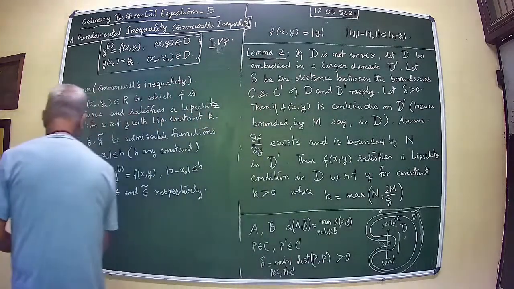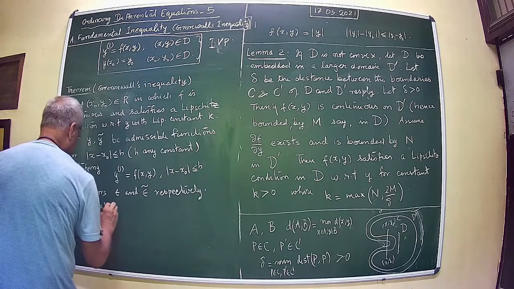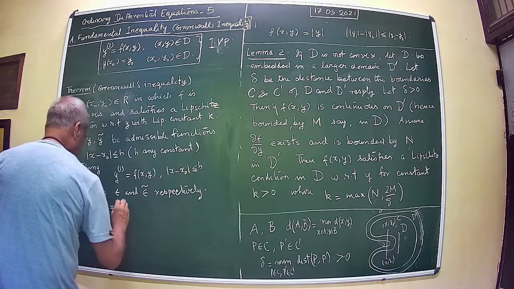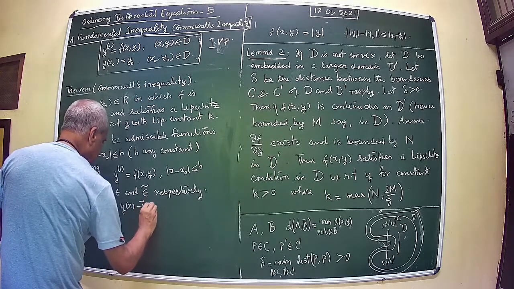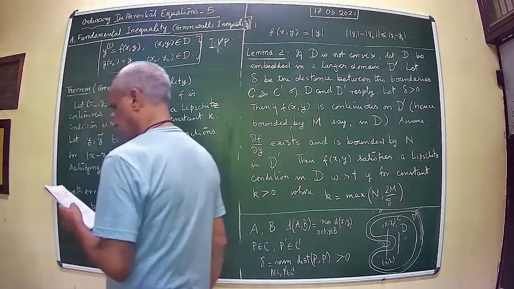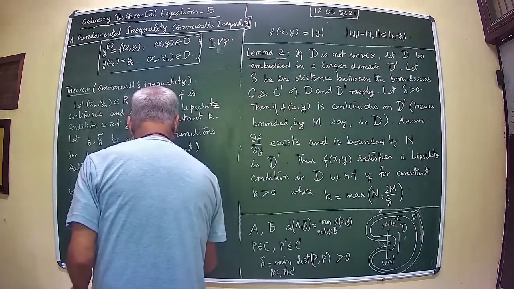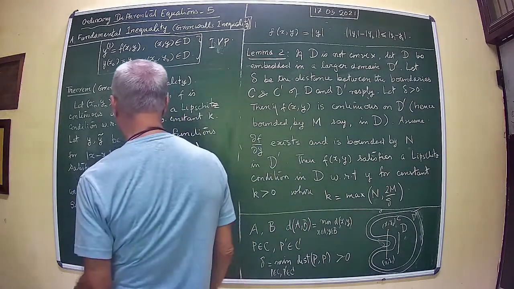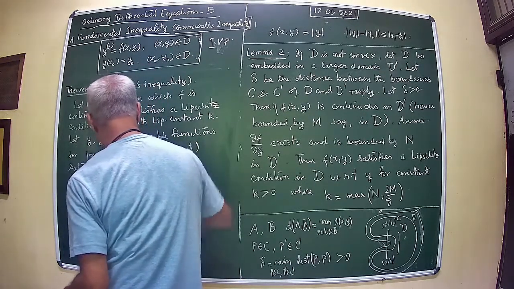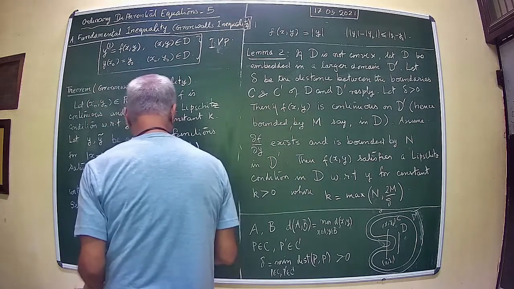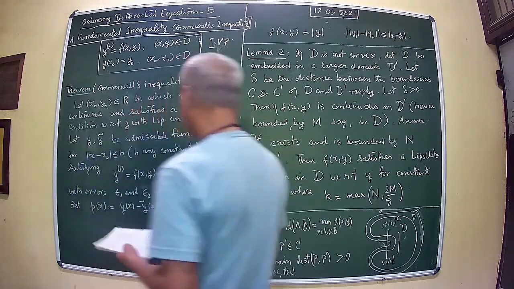Now define P of x as y of x minus y tilde of x, and epsilon to be equal to epsilon 1 plus epsilon 2.